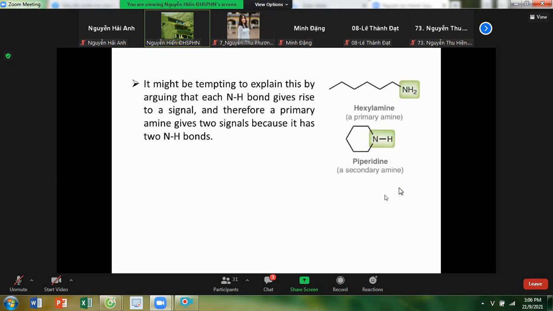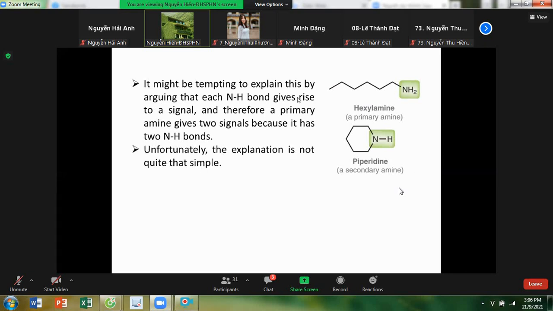The first explanation may come from the fact that the primary amine has two NH bonds, and these two NH bonds will give two different signals. And so you see two spikes in the infrared spectrum of primary amines.